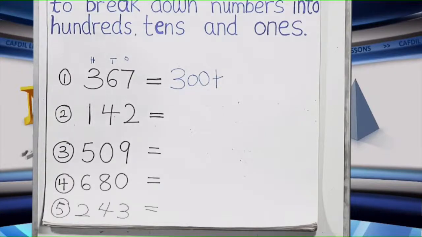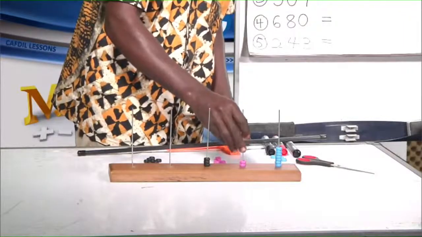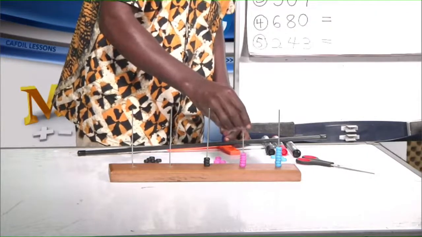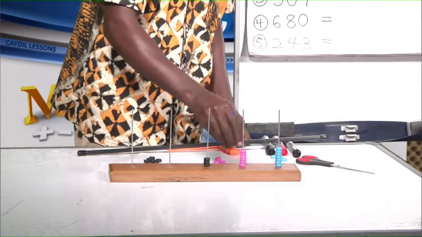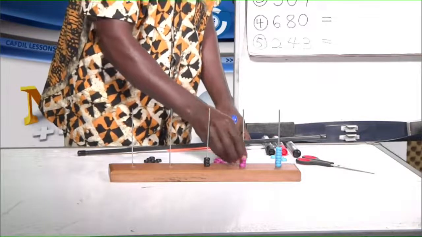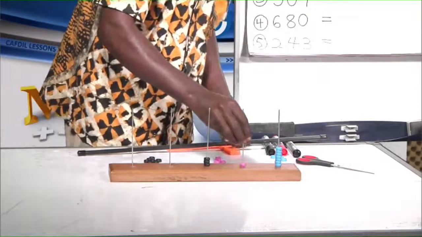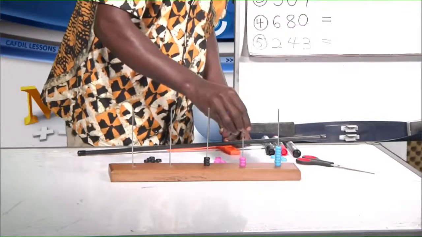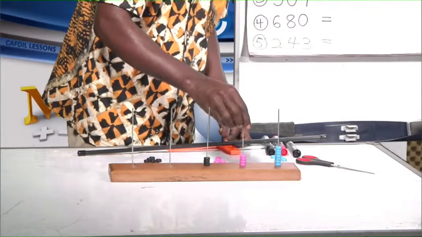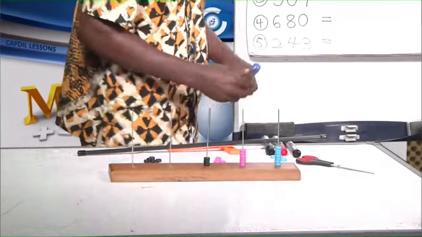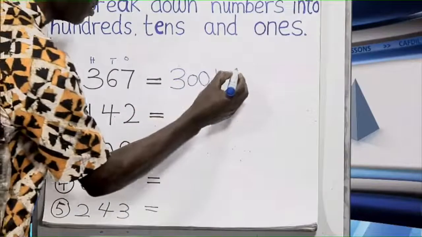So we have 1 ten, 2 tens, 3 tens, 4 tens, 5 tens, 6 tens. So each bead is 10: 10, 20, 30, 40, 50, 60. So we have 60.